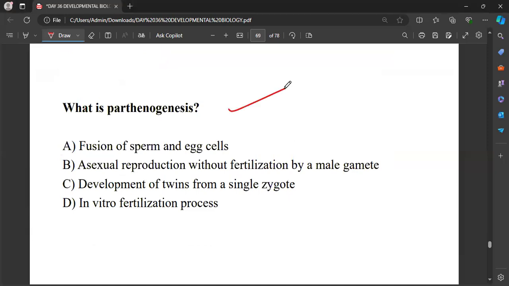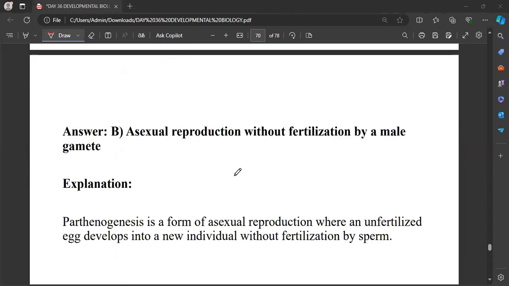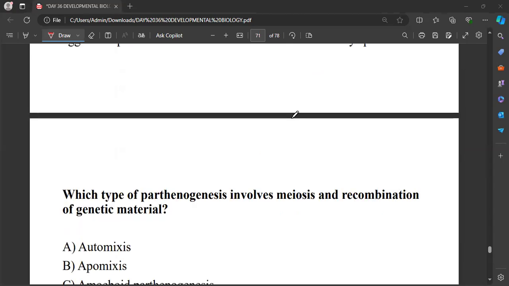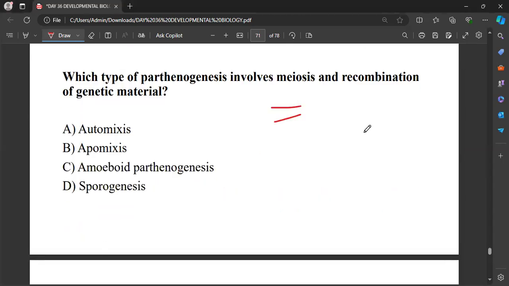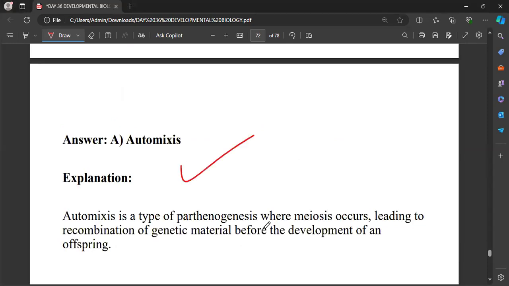What is parthenogenesis? That will be asexual reproduction without fertilization by a male gamete. Which type of parthenogenesis involves meiosis and recombination of genetic material? That will be automixis, right?